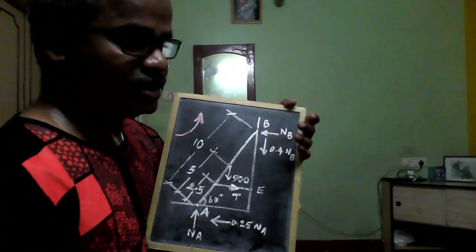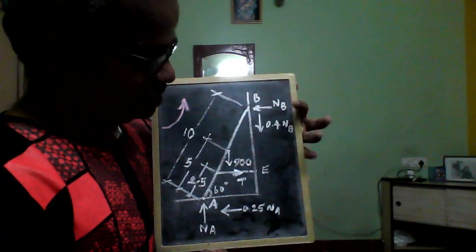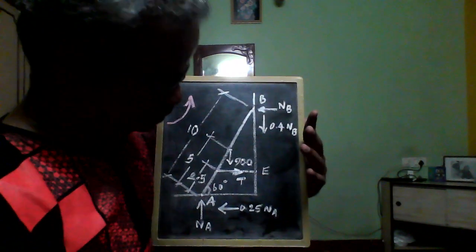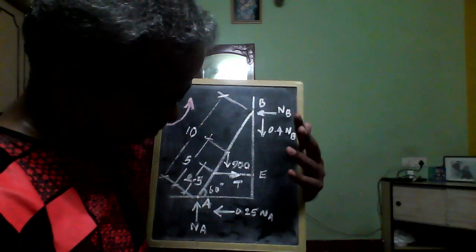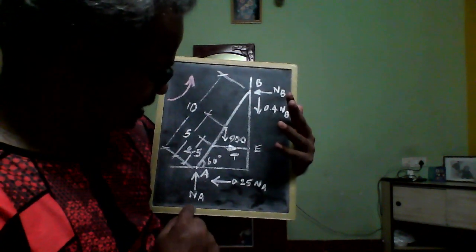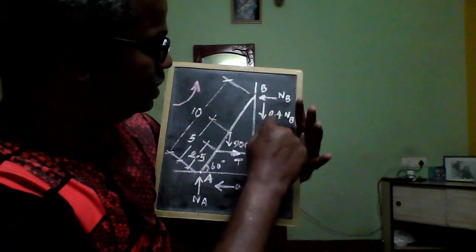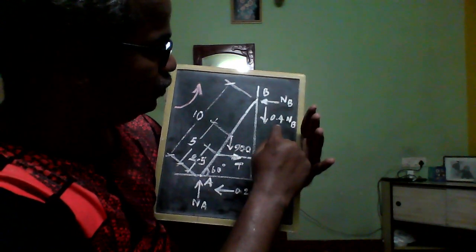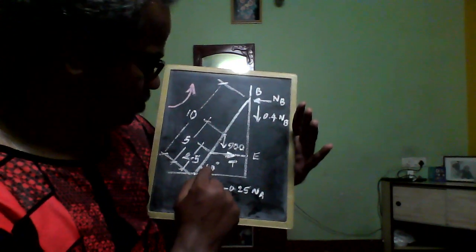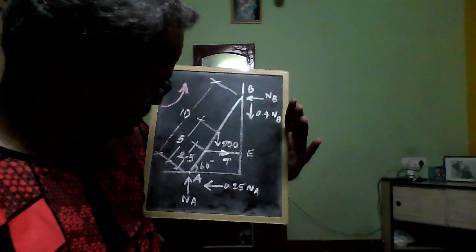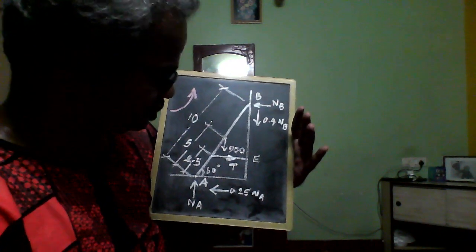The second equation is the summation of Fy equal to 0. What are all the y components we have? We have NA, 0.4 NB, and 900. What else? That's all.